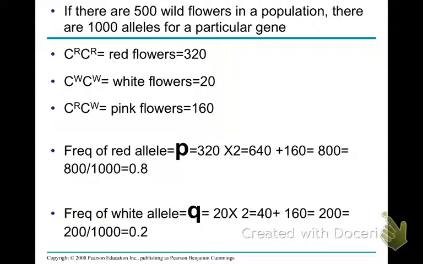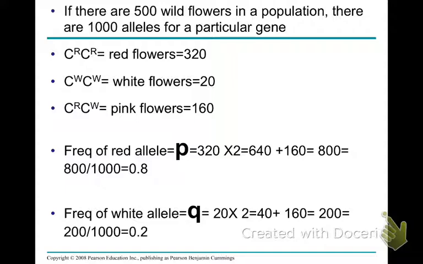So this is what he does, and I walked you through these slides in the previous slide itself. He is talking about the 500 wildflowers. There are 1000 alleles. Then you have 320 CR, and then 20 CW, and CRCW would be pink, that is 160.